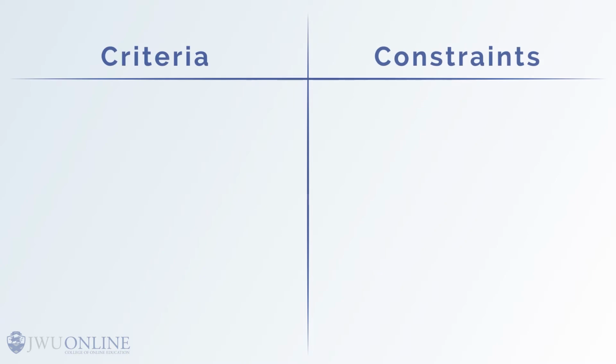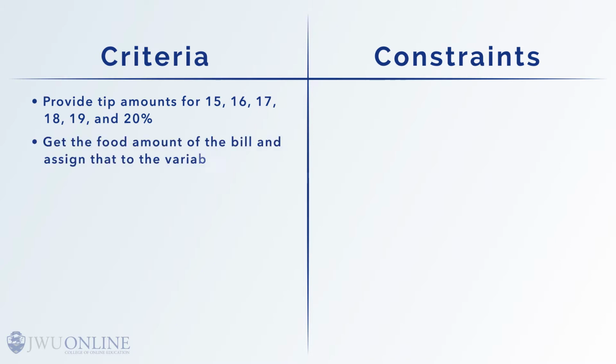So, the criteria for the tip portion of the solution suggests that our program should yield 6 amounts: 15, 16, 17, 18, 19, and 20% increments for suggested tips. We require the input of the amount of the food portion of our bill into our program. So let's call that variable FD_AMT.